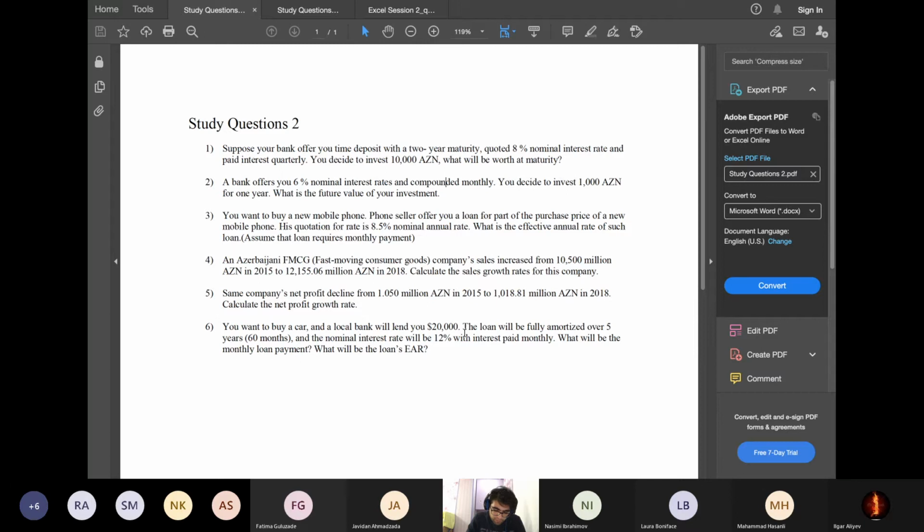The payment is equal to the present value divided by (1 minus 1 over 1.01 to the power of 60) over 0.01.